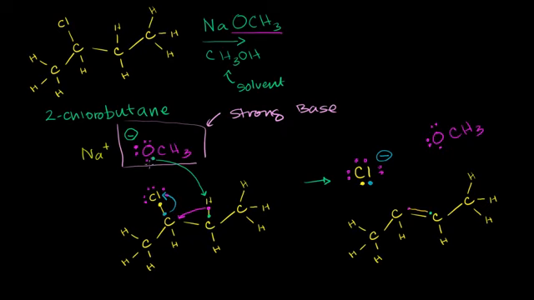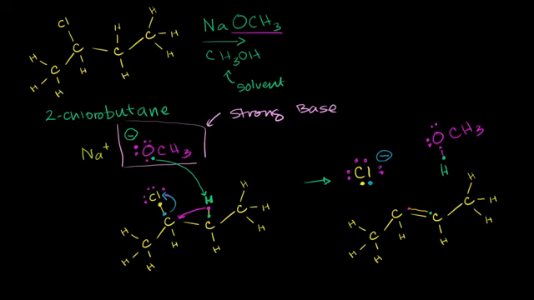Neutral oxygen has 6, but now it gave one of them away to a hydrogen. It gave that green electron to this hydrogen right over here. So now this hydrogen is bonded with it.